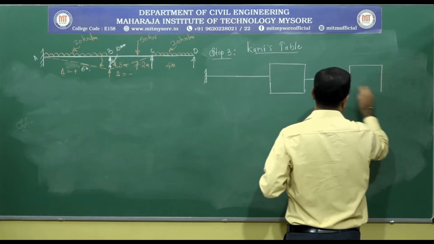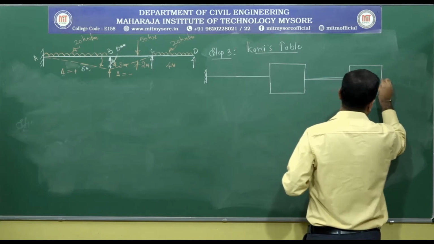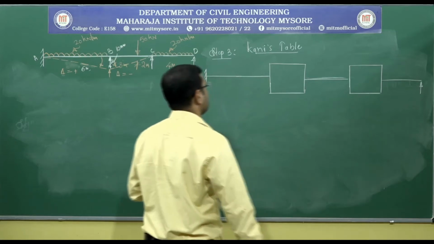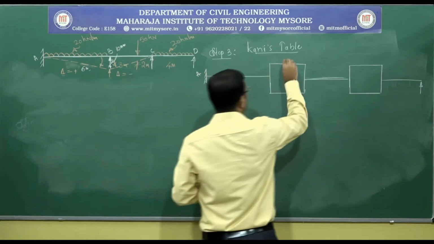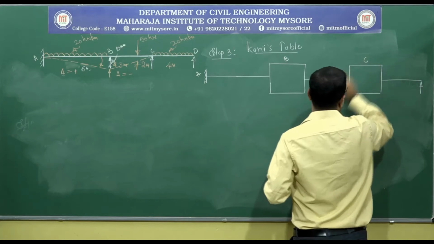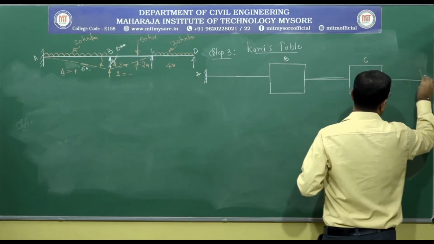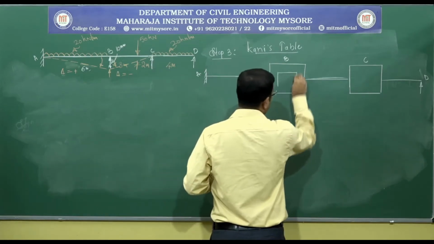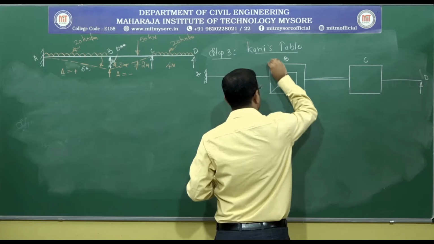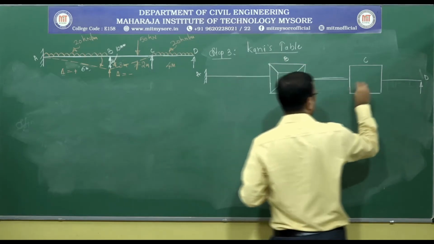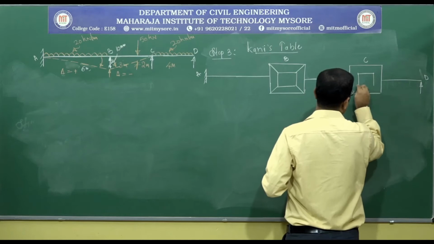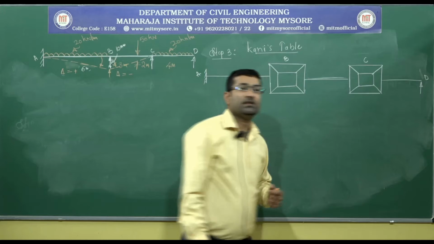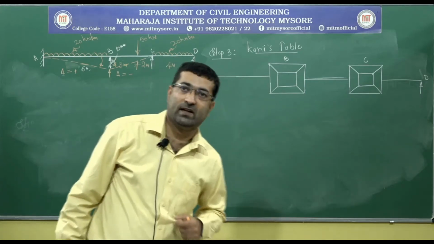Similarly, I am replacing the joint C by a box. Joint D, that is the end D, will remain the same. So, this is end A, this is joint B, this is joint C and this is D, right. In these boxes we need to write one more small box and join the diagonals. Here also I have to join these diagonals. So, this is the representation of the Kani's table.